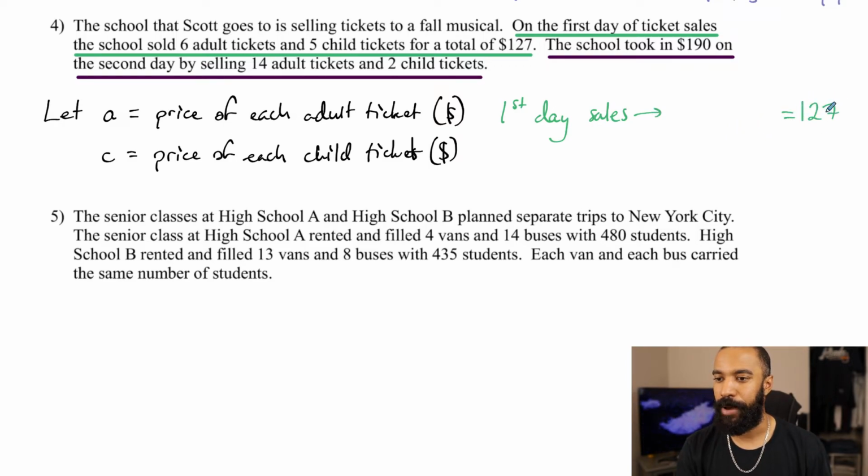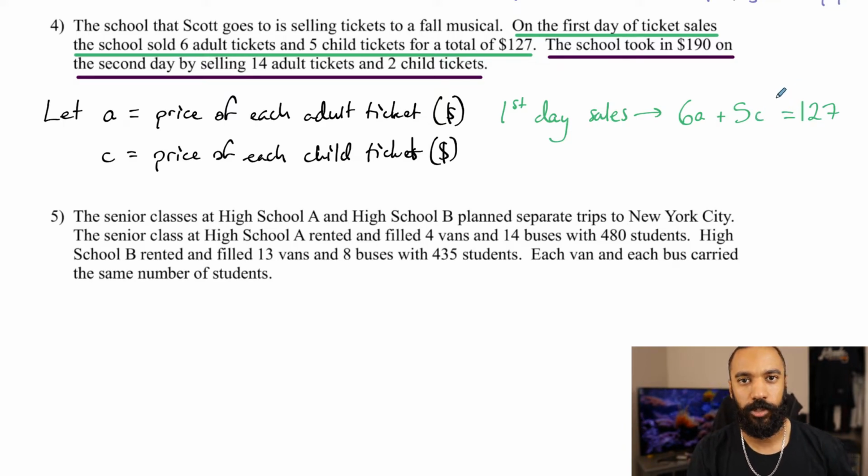That is done by combining the total amount of dollars they made from selling all 6 adult tickets. 6 adult tickets times the price of each adult ticket gives you how much they make there. Combine that with the price of each child ticket times the number of child tickets, 5 times C. Boom, you make $127 by doing that. At least first day sales went that way for Scott.